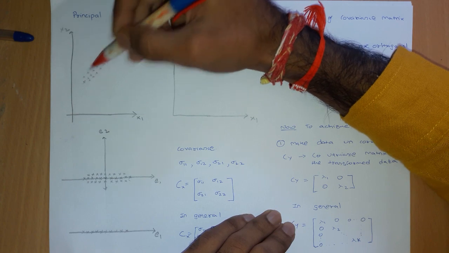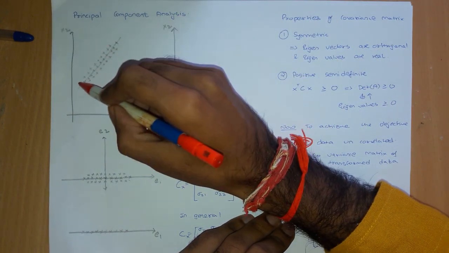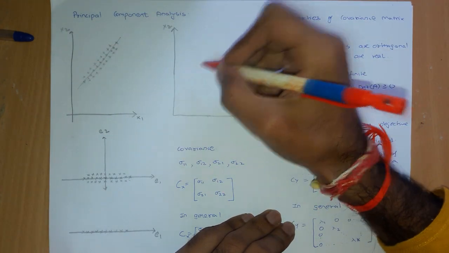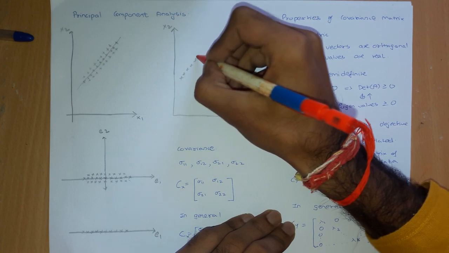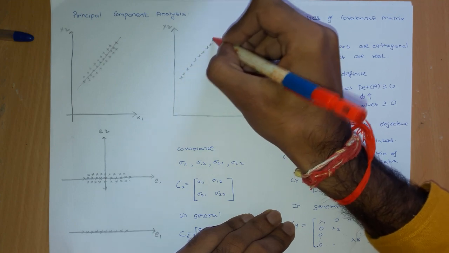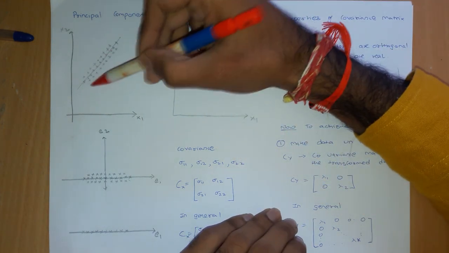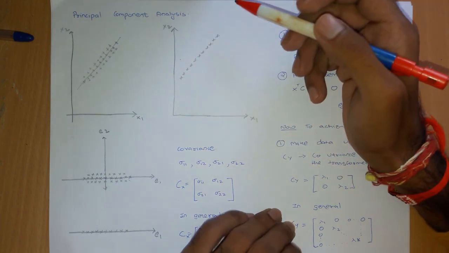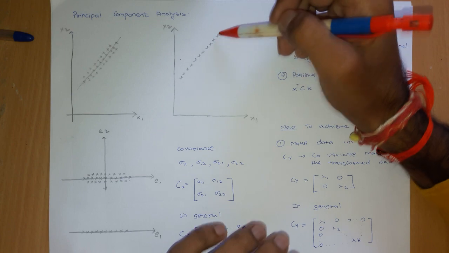So this particular thing can actually be approximated as just this much. So even if this data is just this much, it is okay. We are losing data, no doubt, but the essence of the data is still intact.